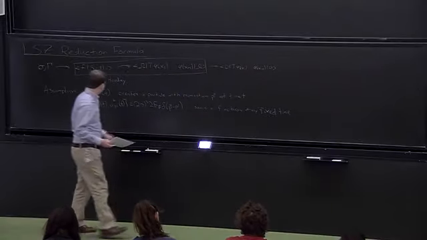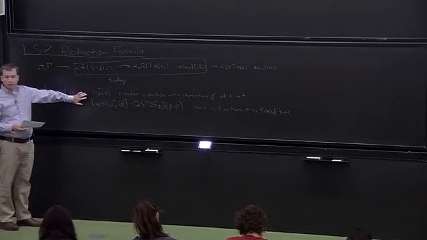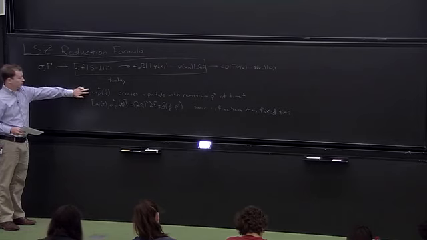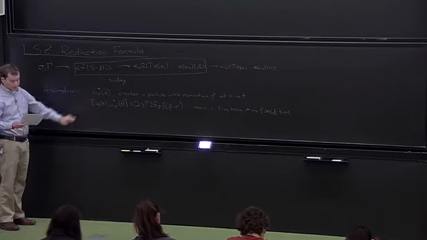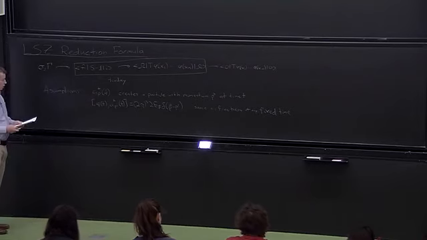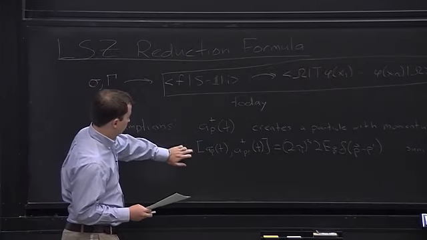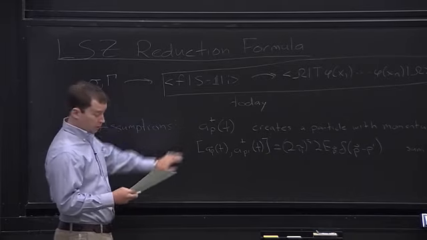Okay. So in a sense, we could just take this as a definition of some operators in the interacting theory. These are just definitions of what we mean by a_p dagger and a_p.